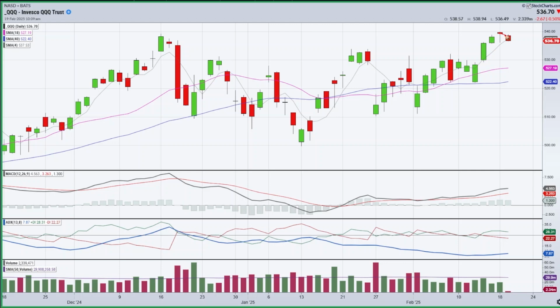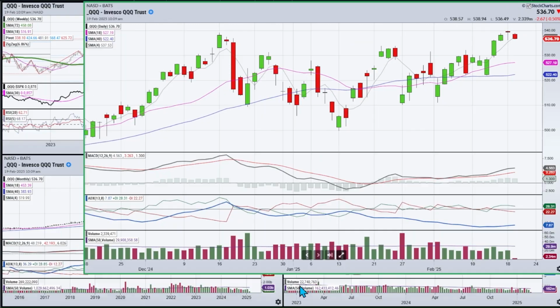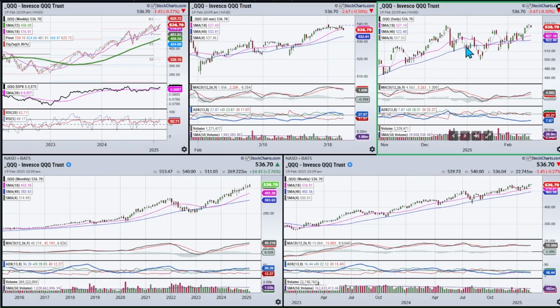So if we can pause here and then emerge again and get a decent sized bar that's green on a breakout and clear this area, then I think we have something that could create some legs. So I would be on the lookout for that for the QQQ, the NASDAQ, as well as the S&P.